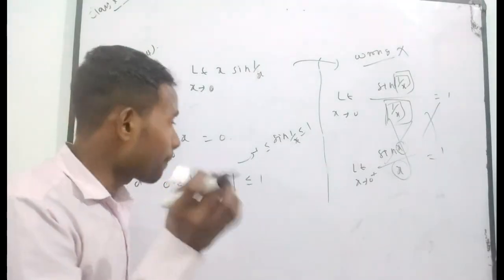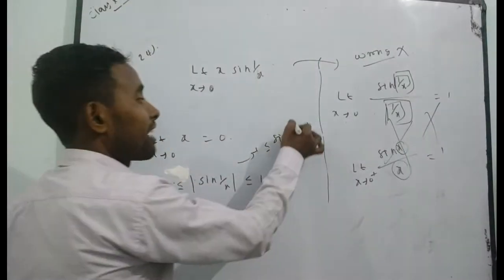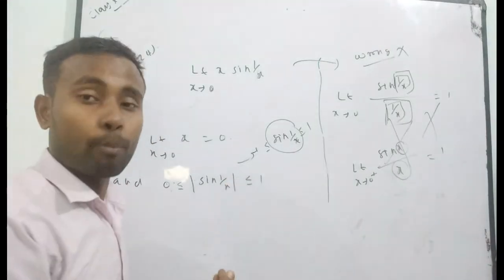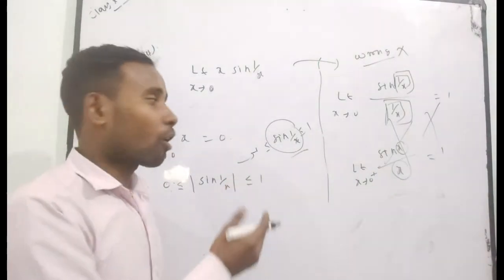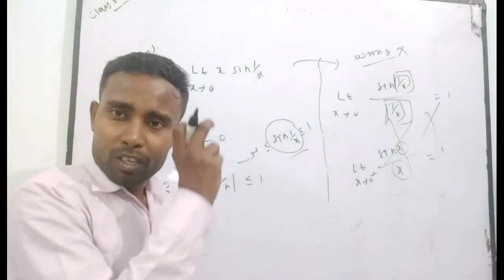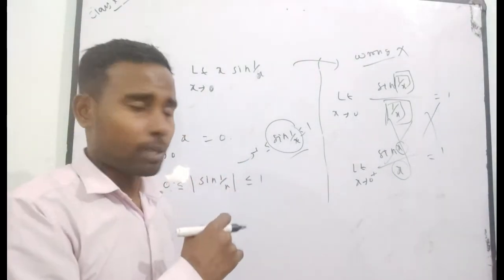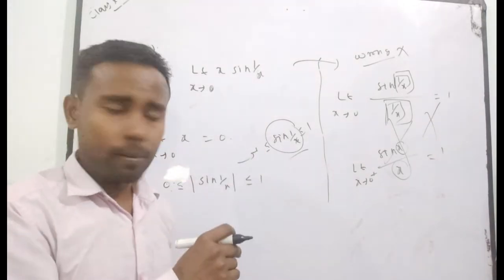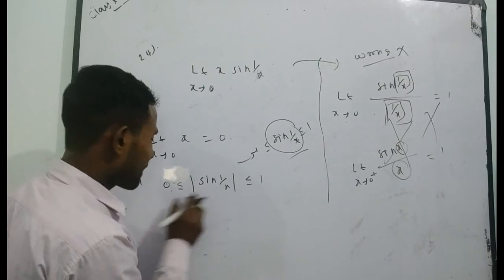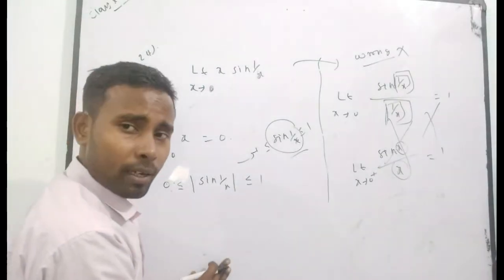Simply think: sin(1/x) is also called a bounded function. What is the reason it is a bounded function? Because its range is restricted, from -1 to 1. That means the sine function is always greater than or equal to -1 but less than or equal to 1. So its modulus is always greater than or equal to 0 but less than or equal to 1.